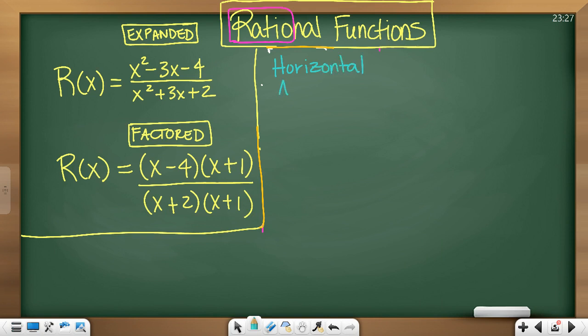You have to use the expanded form. So I'm going to use this form here. There are rules for horizontal asymptotes. We're going to do this example, and then I'm going to give you a couple of examples on the side. But here's my function.